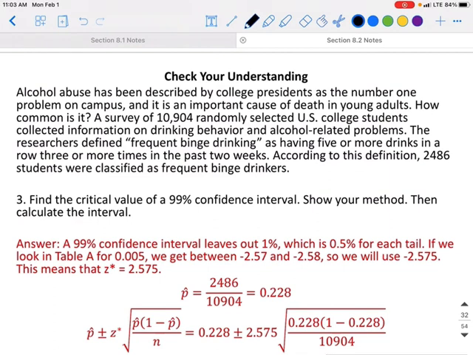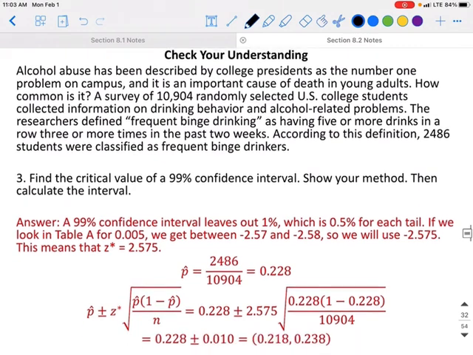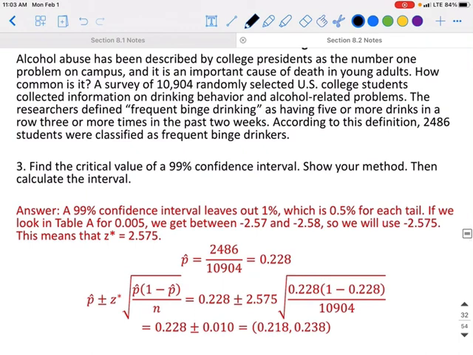Remember, that's the square root of the probability of success times the probability of failure all over the sample size. This is going to give us 0.228 as our p-hat, plus or minus 0.010, or an interval of 21.8% to 23.8%.